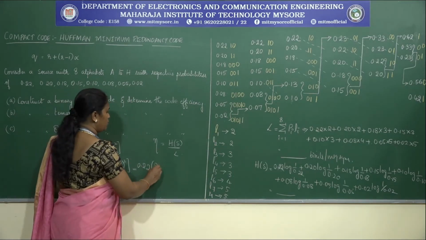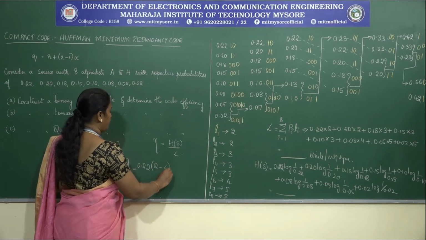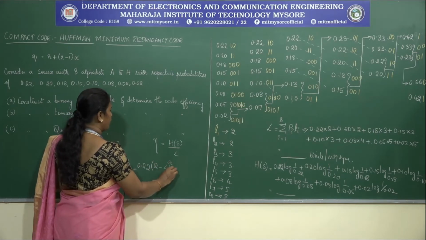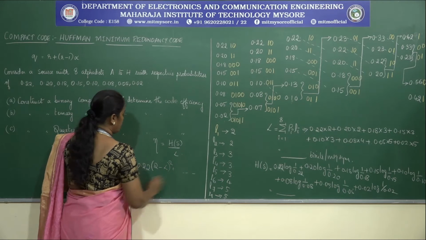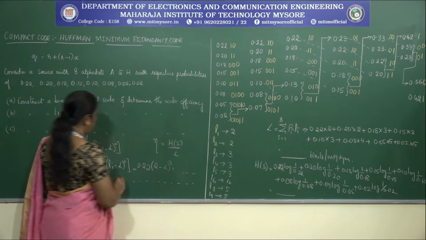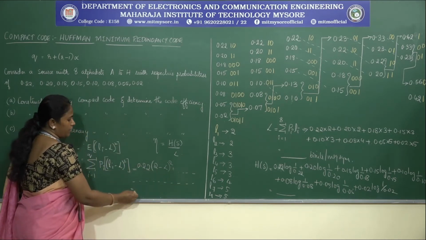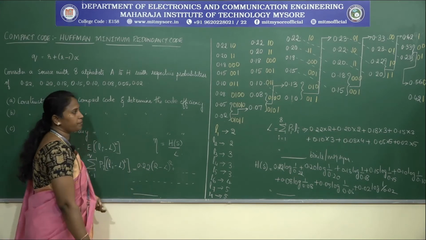So that is Li, 2, minus capital L, take the whole square, times the corresponding probability. If you substitute the values, you will get its variance.